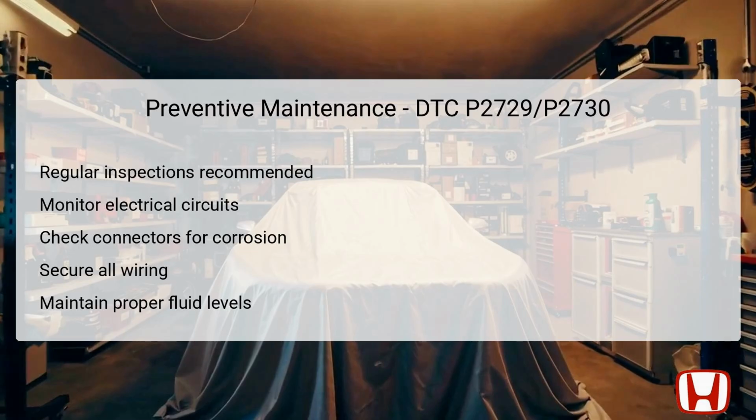Additionally, keeping automatic transmission fluid at proper levels enhances performance and prevents overheating or other transmission issues. Incorporating these preventive measures will help maintain the system's reliability and extend the lifespan of the automatic transmission.